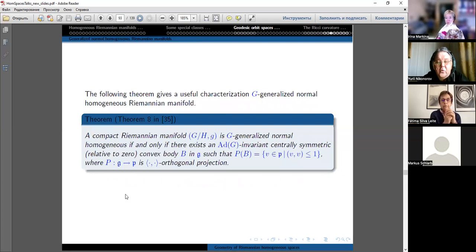And what is the characterization? It's quite strange, but one of the characterizations is the following.